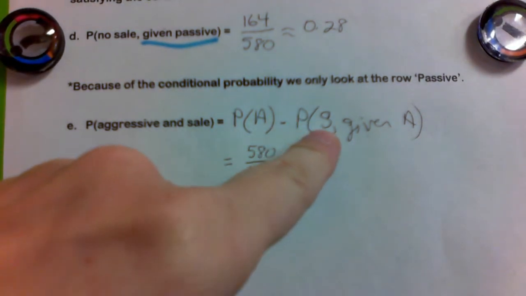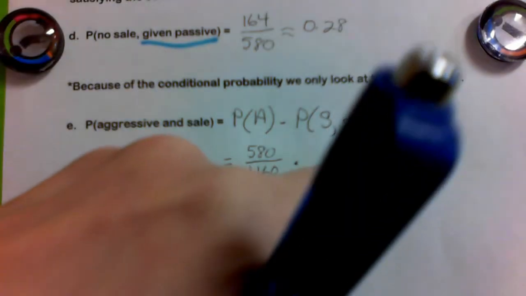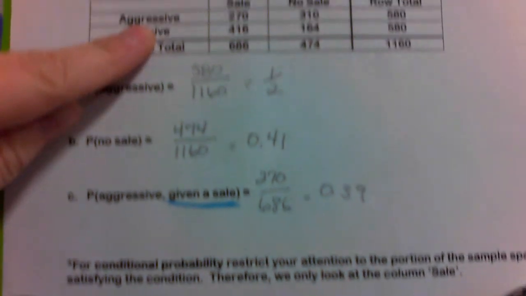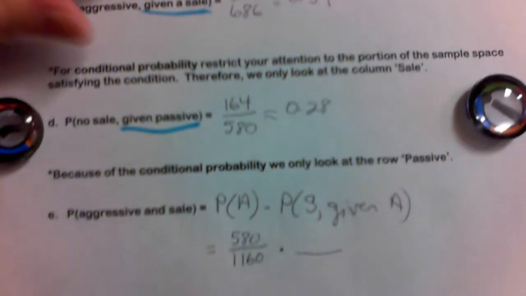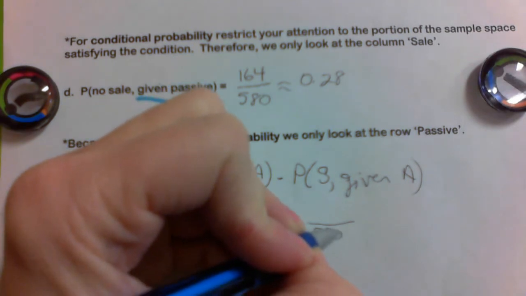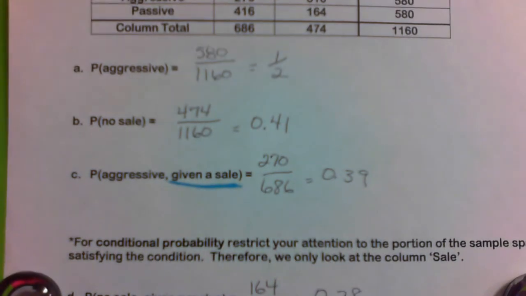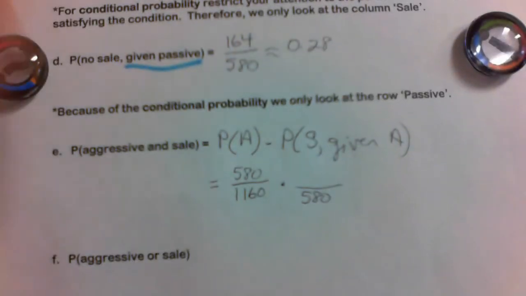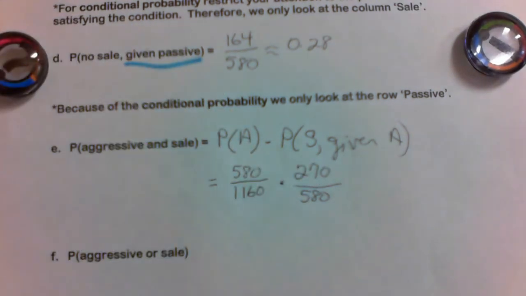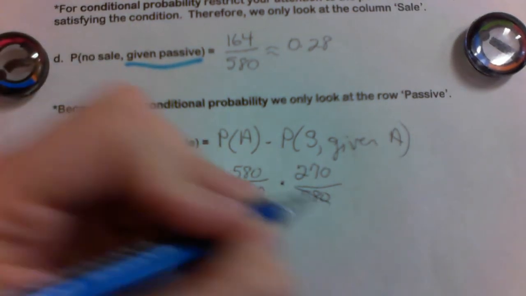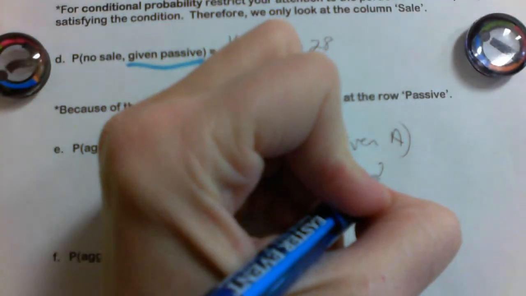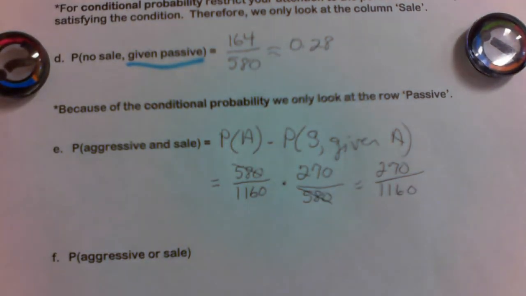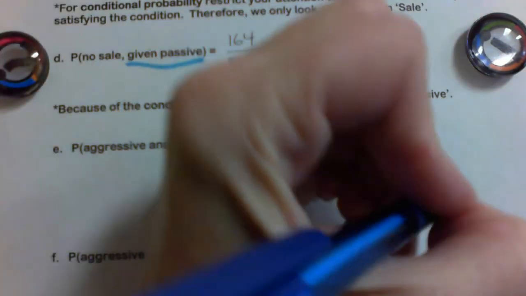Then we have the probability of a sale given aggressive. So I have a condition, so I'm going to look at aggressive, and I know that's going to be my denominator. So here is aggressive, the denominator will be 580. So we want sale on aggressive, so here's aggressive, sale would be 270. Now, if you'll look at your fraction, I can cancel these two out and I get 270 over 1160. And that reduces to 0.23.